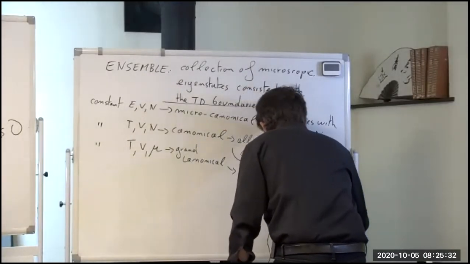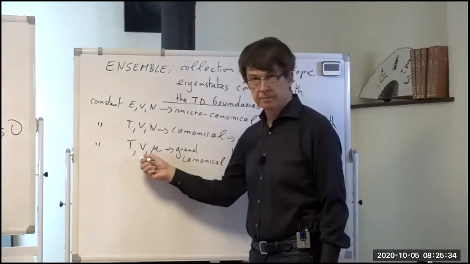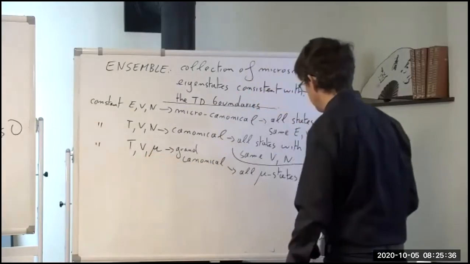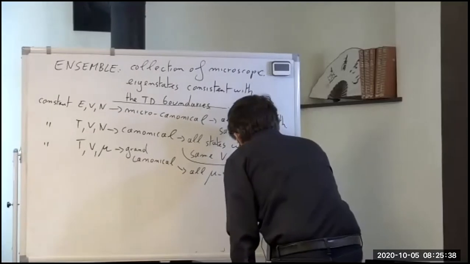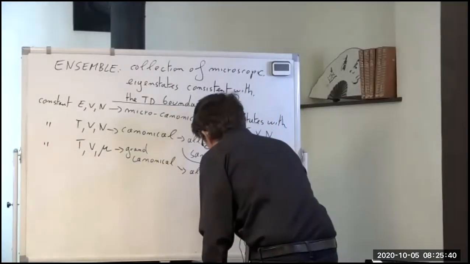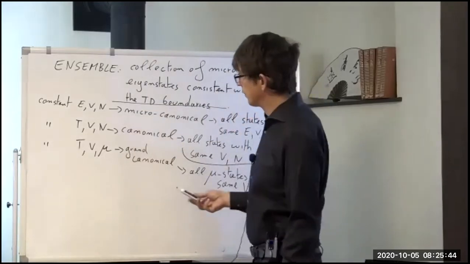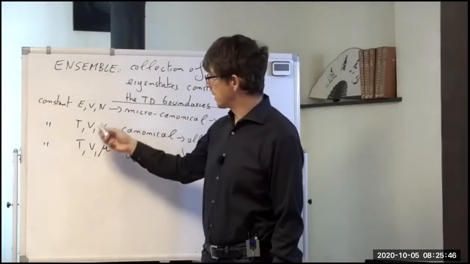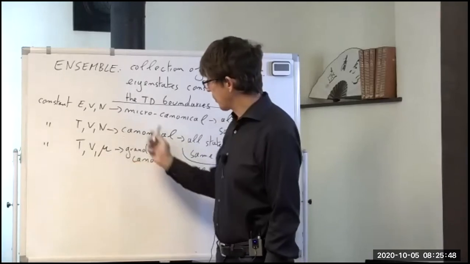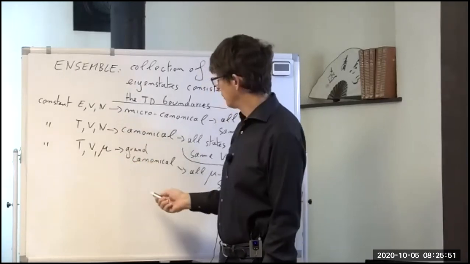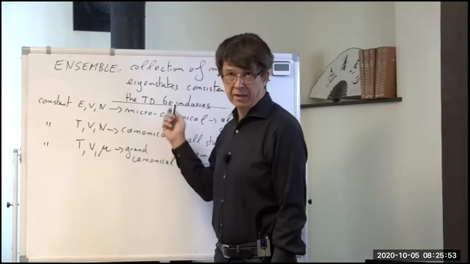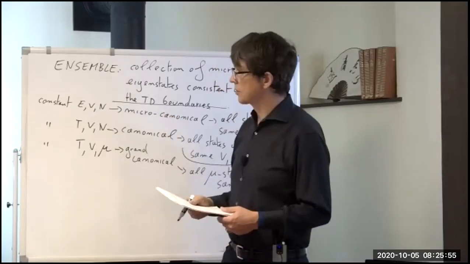The microstates now only have one specification, and that's that they have to fit in the volume. So again, if this volume were the same as the one before, then the grand canonical ensemble includes all the canonical ensembles and all the microcanonical ensembles.